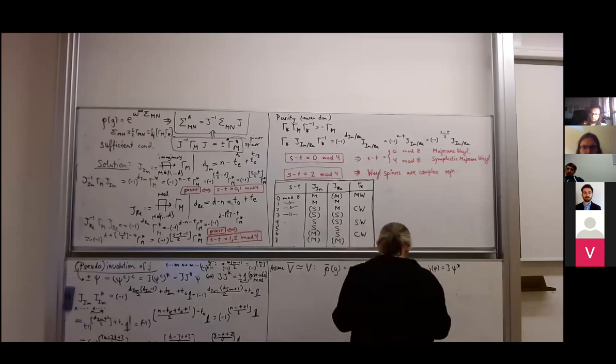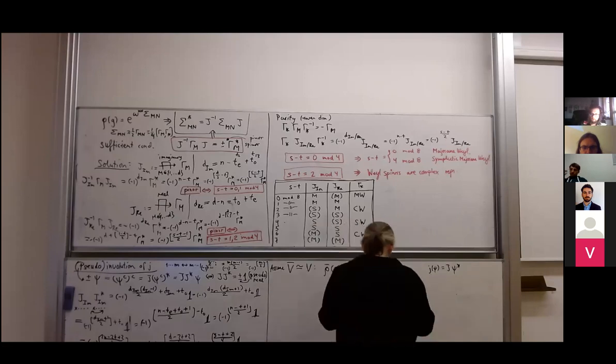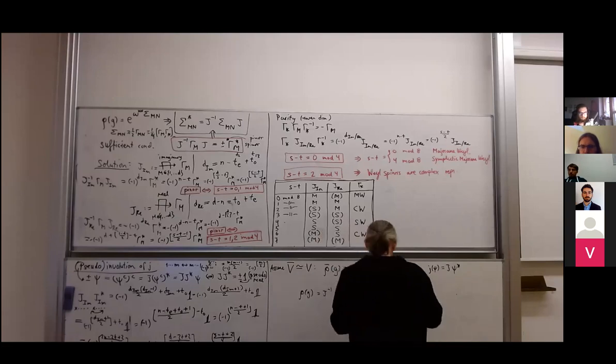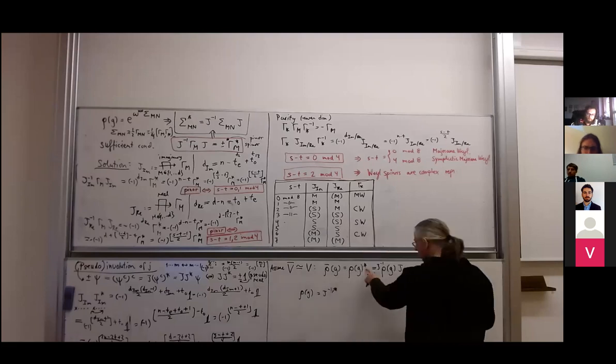that this implies that rho of G is equal to J minus first, star. So I'm taking the complex conjugate of this.